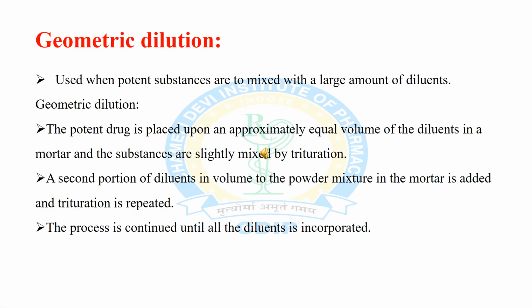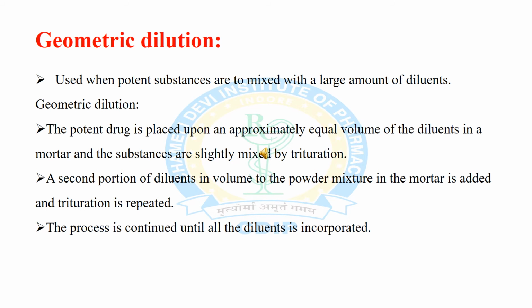Now the next process is geometric dilution. Geometric dilution is used when potent substances are to be mixed with a large quantity of diluent. In this process, the potent drug is placed upon an approximately equal volume of diluent in a mortar and pestle, and the substances are mixed by trituration.